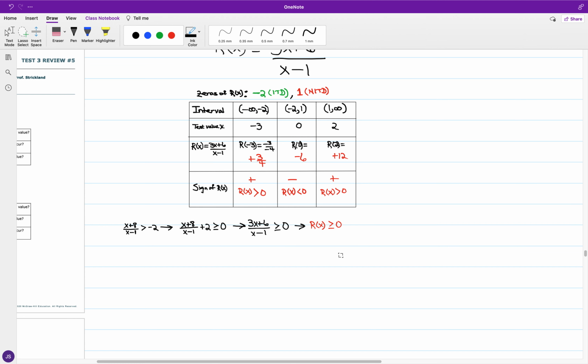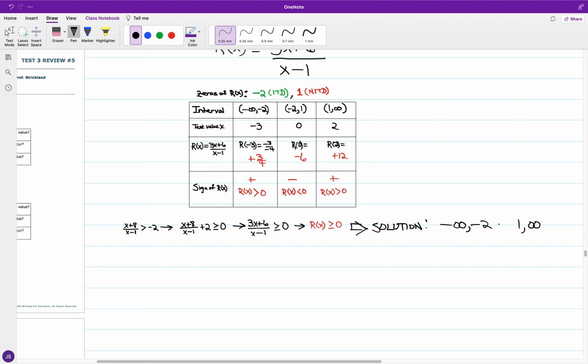And so from assembling together, you have where r of x is greater than or equal to 0, and we have the solution set. So you have this in the same direction as r of x is greater than 0. So we're looking at involving the limit values of negative infinity and negative 2, as well as 1 and infinity.